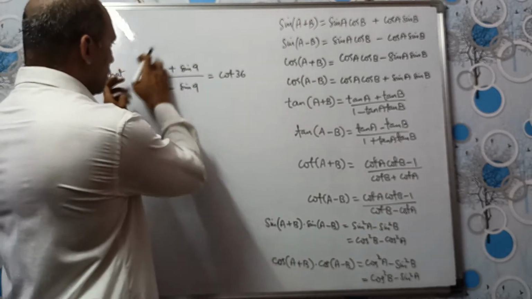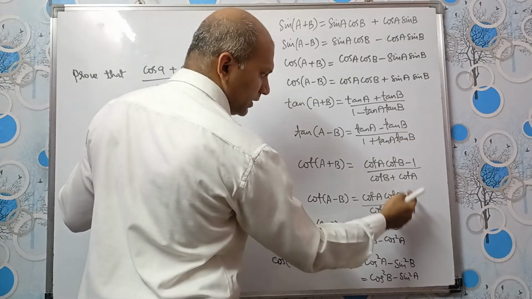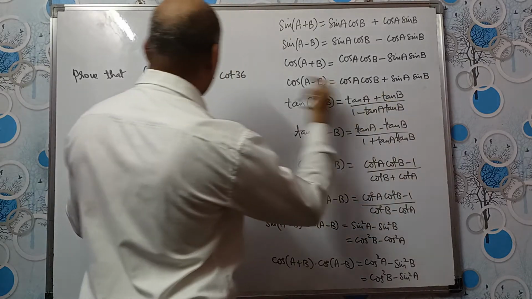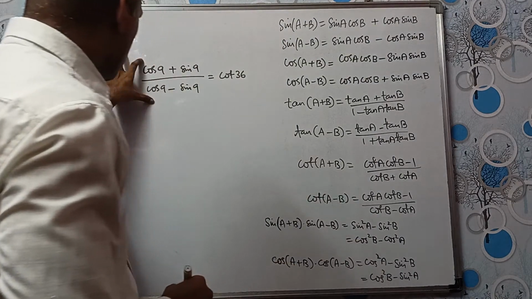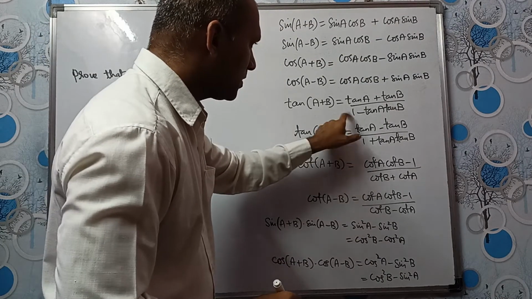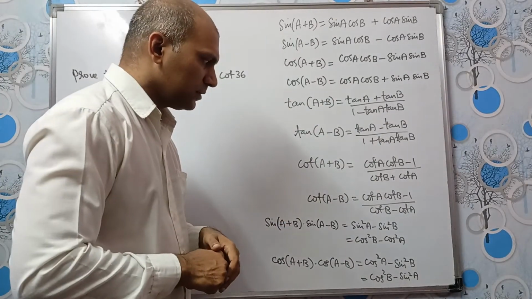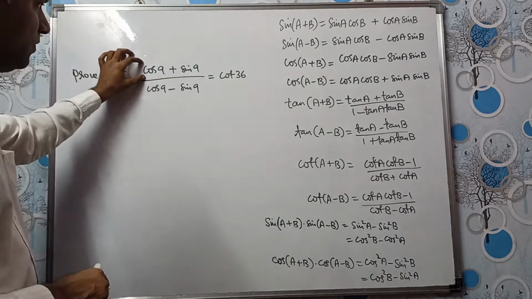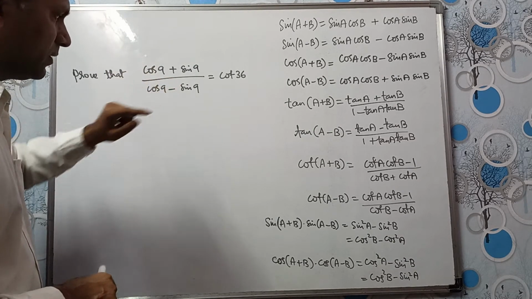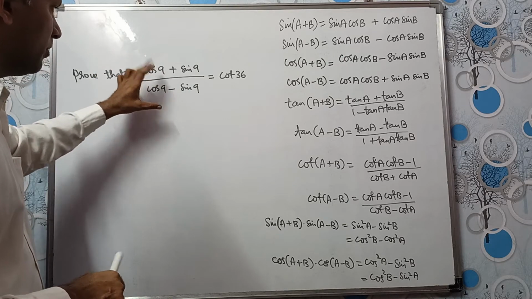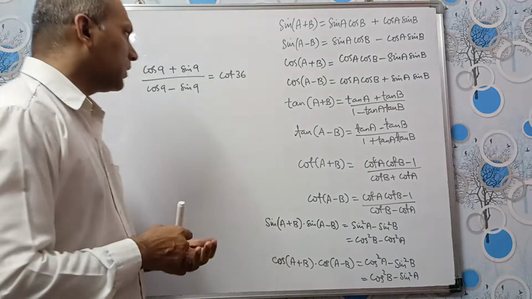See, this form is looking like one of these RHS 1, 2, 3, 4, either like this, like this, numerator, denominator, right? So can we write this in one of these forms? We have tan and we have cot. So if we divide numerator and denominator by cos 9, or by sin 9 also will work.